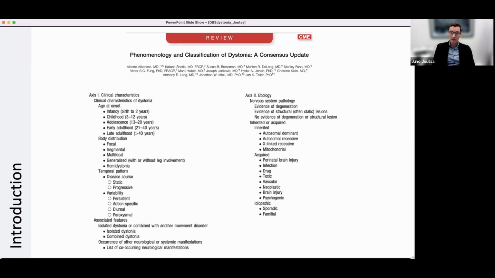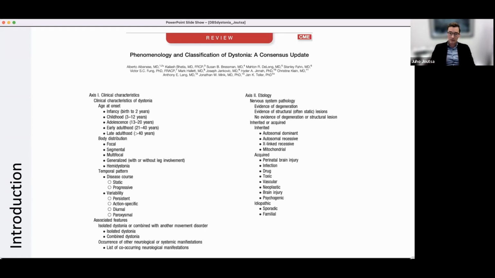Dystonia is currently classified based on 2 axes. The first one is the clinical characteristics, including age of onset, body distribution, temporal pattern, and associated features. And the second axis focuses on etiology, what is in the background of these symptoms, first of all, looking at whether there's any evident nervous system pathology, degeneration, lesions, or nothing.